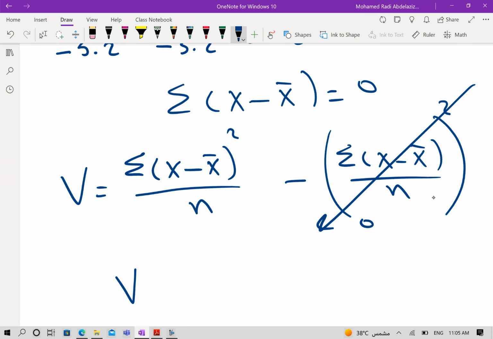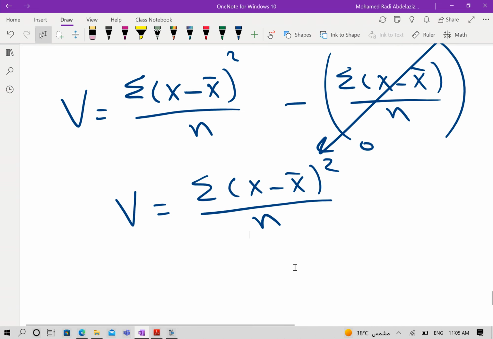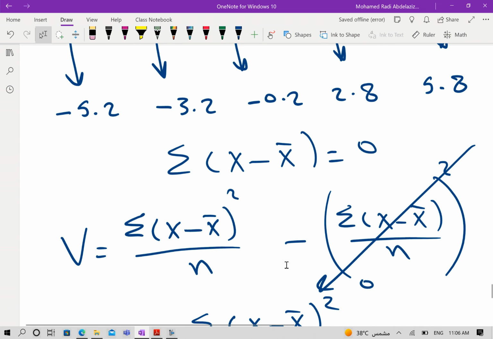So the final answer of the variance is sum of x minus x bar all squared divided by n. This is the final form. Sum of x minus x bar is equal to 0, so if you square it, also will be 0.